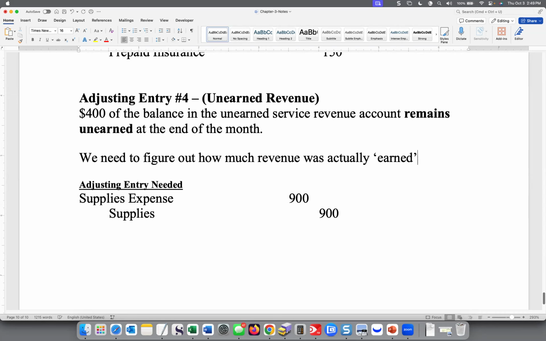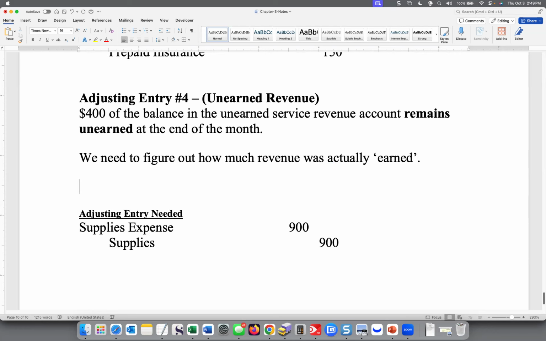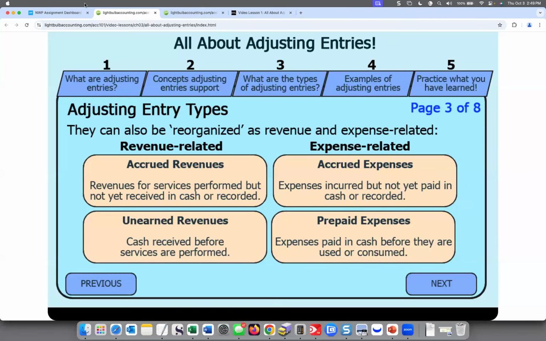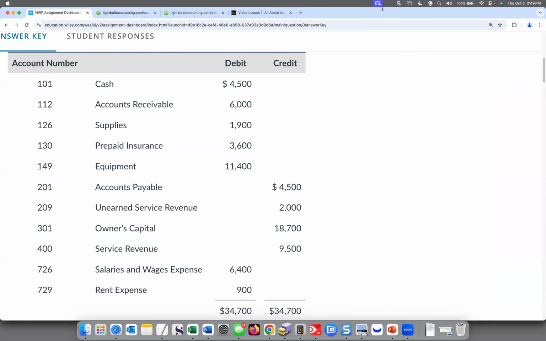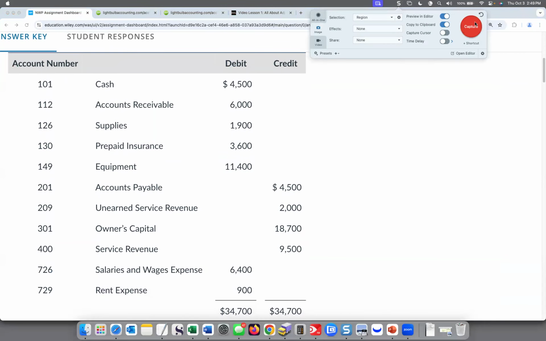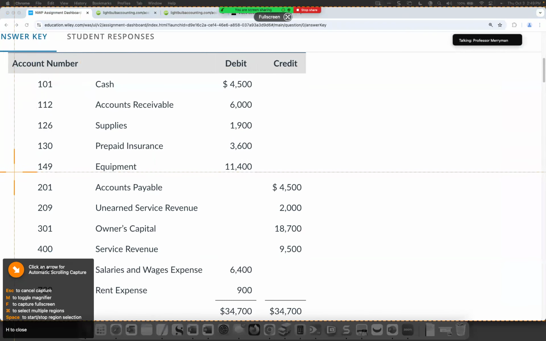All right. So what they're telling us here is what remains unearned, meaning we have not earned it yet. So what we got to do, again, I'm going to go to my trial balance up here, and I'm going to take another screenshot so we can lock this in. All right.